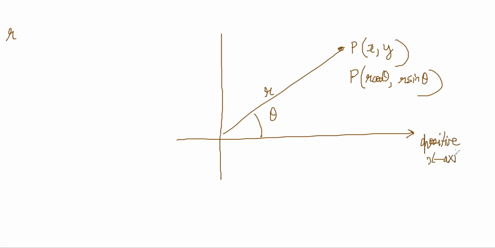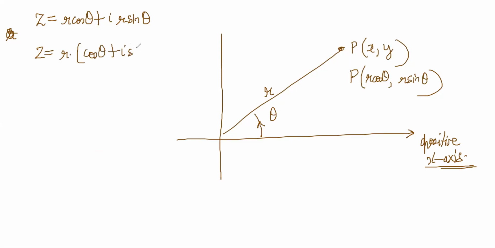So this side, this is the angle. So you can write your complex number Z as r cos theta plus i r sin theta, and you can take r common and it becomes r(cos theta plus i sin theta). And now you can say that this is one form. This is called the polar or trigonometric form of a complex number.